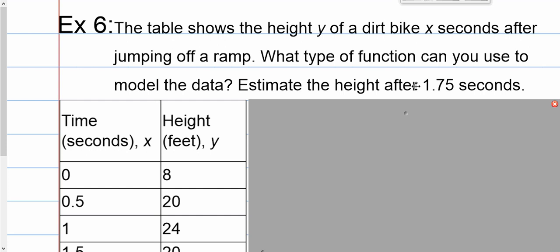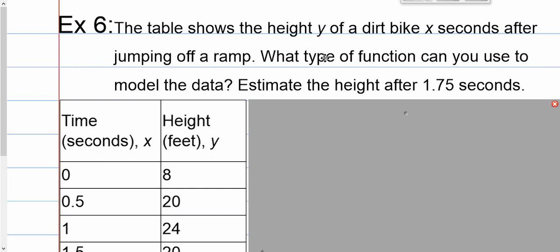Well, if we look at our table, it's going to be kind of hard to tell what type of function we're looking at. So what we are going to do is look at the calculator, and again, calculators in class are going to be a lot more beneficial than the calculators on the internet.